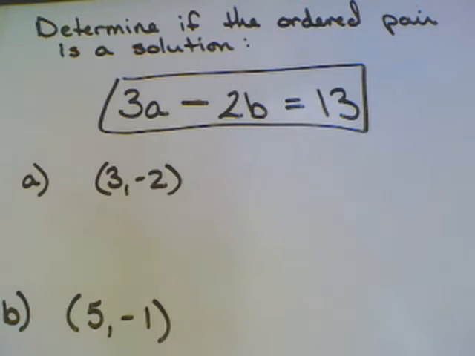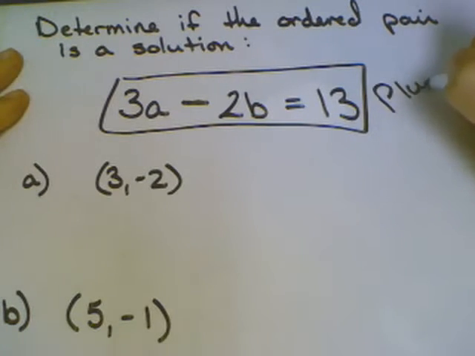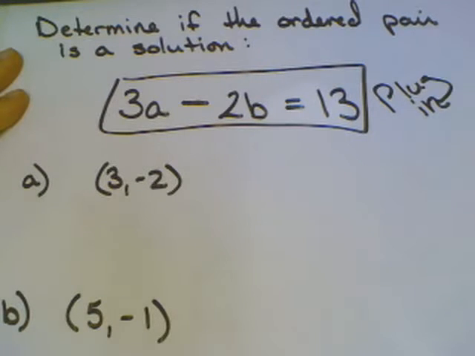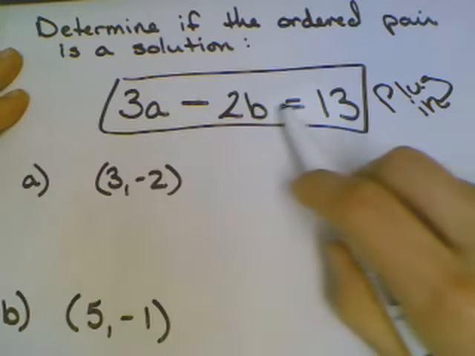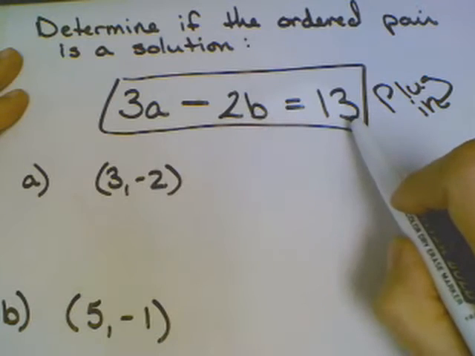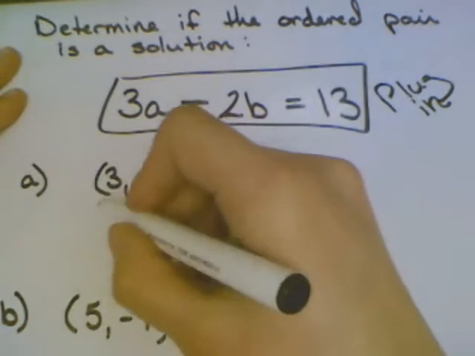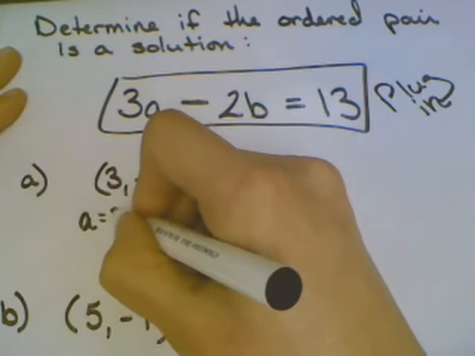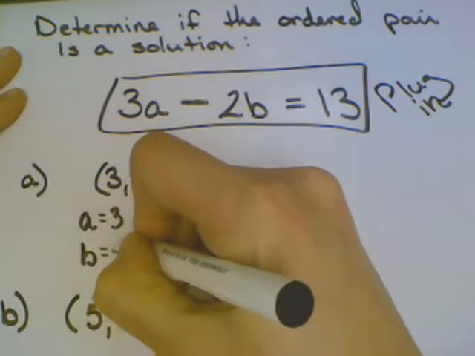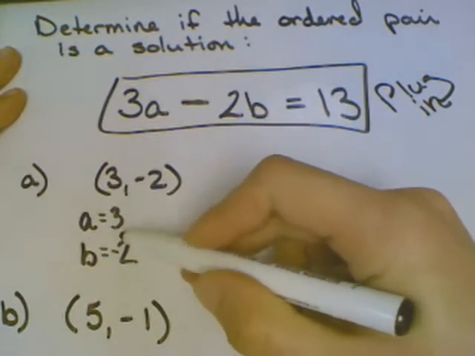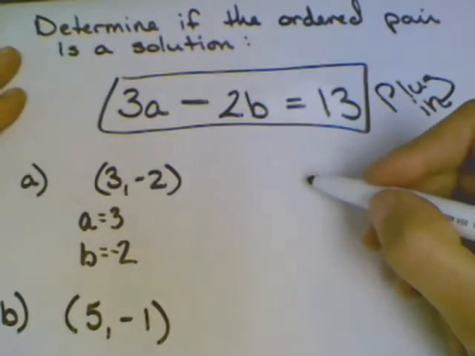To determine if an ordered pair is a solution to a given equation, what we're doing is plugging in the values. Okay, so here's my example. 3a minus 2b equals 13. Is 3, negative 2 a solution? What we mean here is that if a is 3 and b is negative 2, do these values make this equation true?